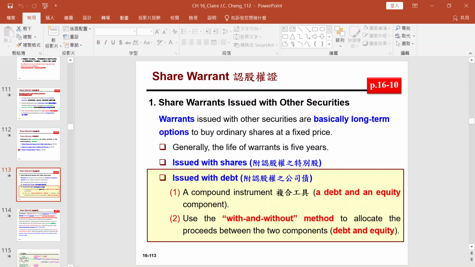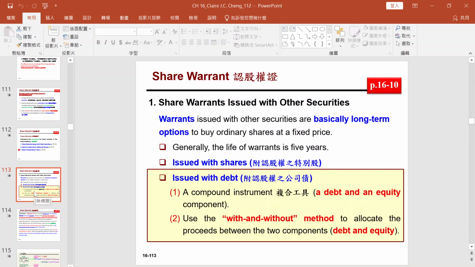So for the first, convertibles 转换权, also for the second here, share warrants 认股权证, when we combine equity with liabilities, remember we should separate them, right? Record them separately. So we should use which method? With and without method, okay? To find out how much for your equity, how much for your bonds.